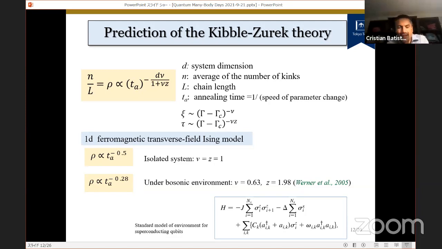And why is that? What does this bosonic field mean? It is believed to mean the fluctuation of the superconducting current. It is not perfectly uniform. It fluctuates on the chip. It is a flux qubit; it is not perfect.